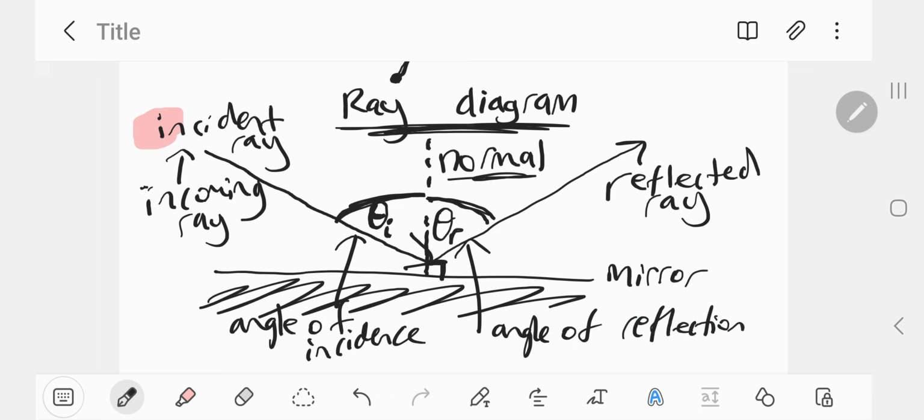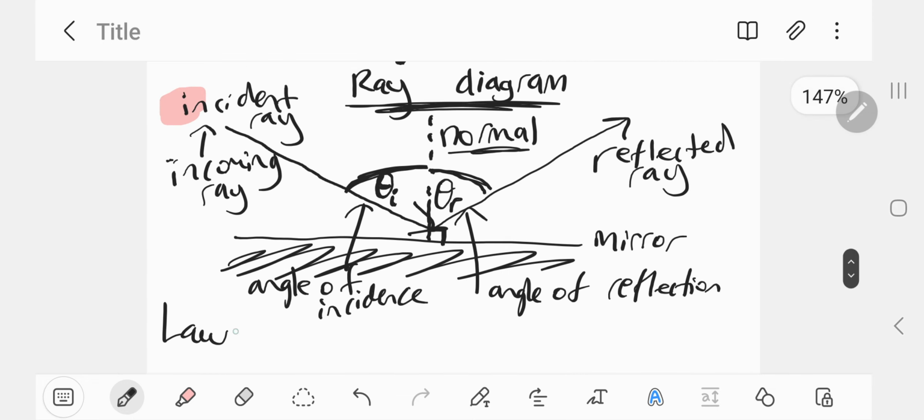So very simple diagram for any flat surface like a mirror. The incident ray coming in will bounce off the mirror, gets reflected off, and you have these angles formed between the rays and the normal. This is called a ray diagram. There's a law, it's called the law of reflection. It basically says that the angle of incidence, theta sub I, is equal to the angle of reflection, theta sub R, quite simply. That's called the law of reflection.